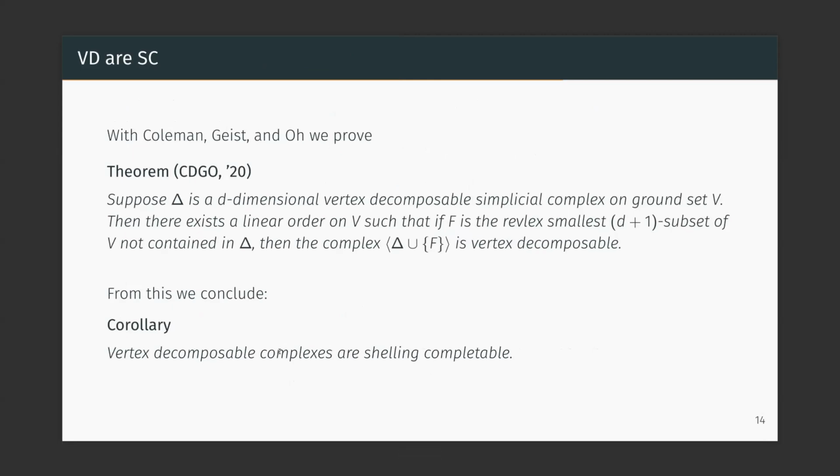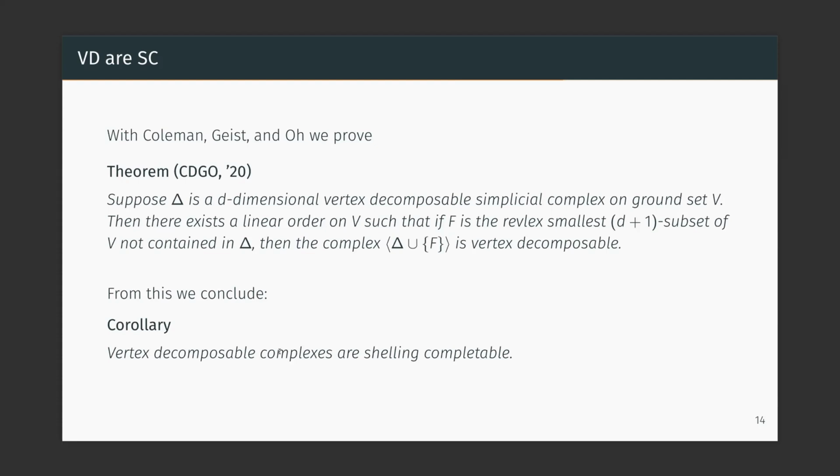So last year, as part of an REU project with a couple of students, Coleman and Geis and Suho Oh, we proved the following theorem. If you give me a d-dimensional vertex decomposable complex on ground set V, then I can actually order that ground set V with the property that if you take the revlex smallest d plus 1 subset that's missing, call that F, then adding that new face gives you a vertex decomposable complex.